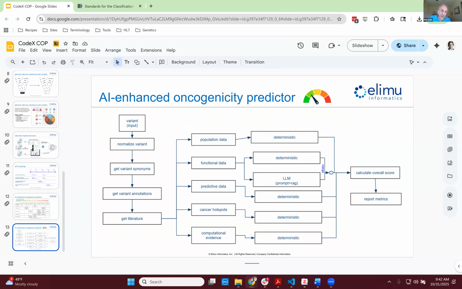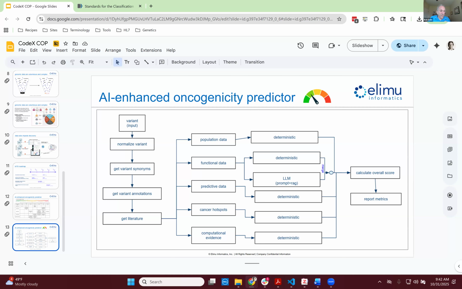And what we find here is that there's a range of annotations that are necessary. We need to know the population data from gnomAD, we need to look at cancer hotspots, we need computational evidence.